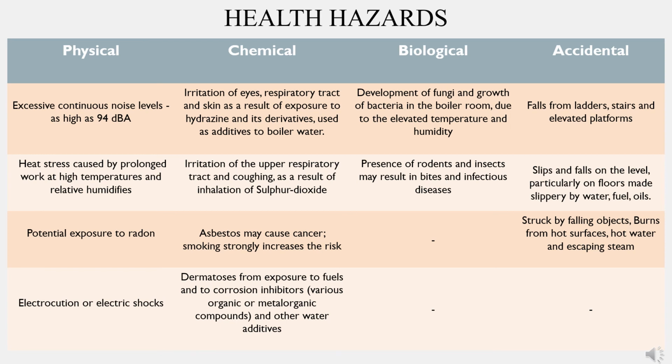Biological hazards like development of fungi and bacteria in the boiler, and presence of rodents and insects, which can cause infectious diseases. Accidental hazards include falls or slips due to slippery floors caused by oils, water, or fuel. One can also be struck by falling objects or be burned from hot surfaces.